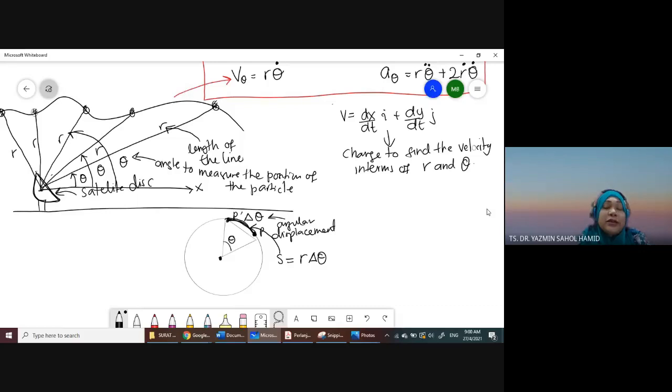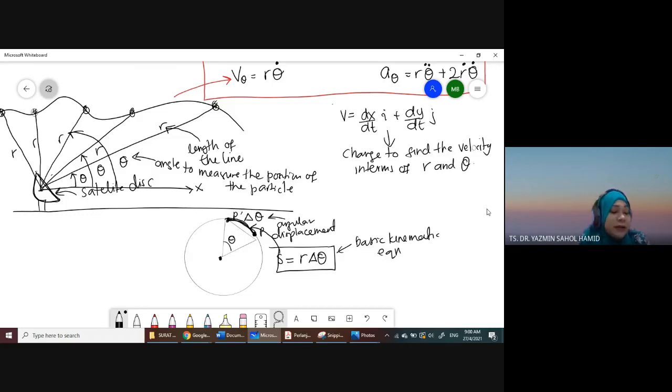Usually this is the formula for you to calculate the arc length, right? So basically you can calculate the distance of the particle from point P to P prime using this basic kinematic equation.